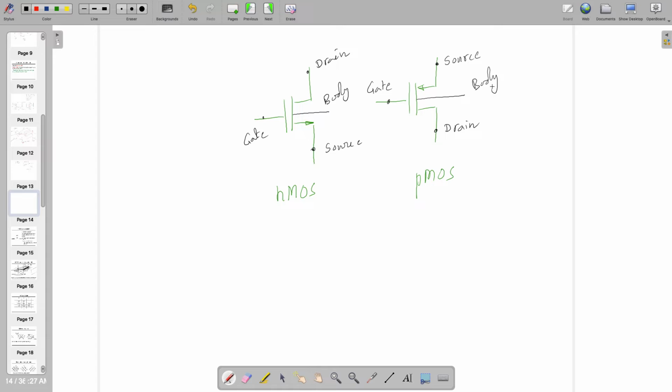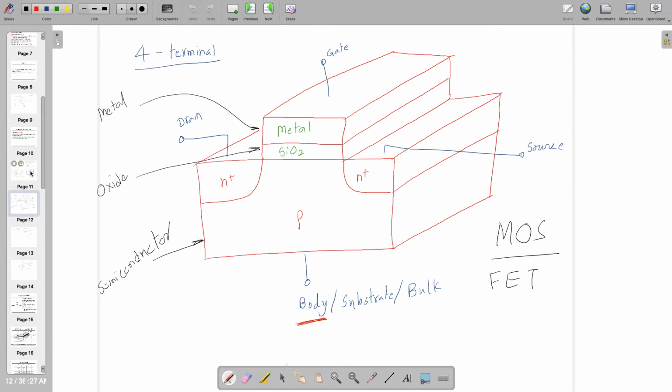So this is NMOS and PMOS. But the beauty of this particular device is it's symmetric. You cannot say whether this side is source or this side is drain. It's symmetric from both sides. It's not like BJT.